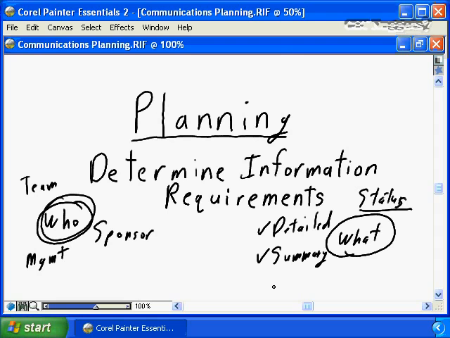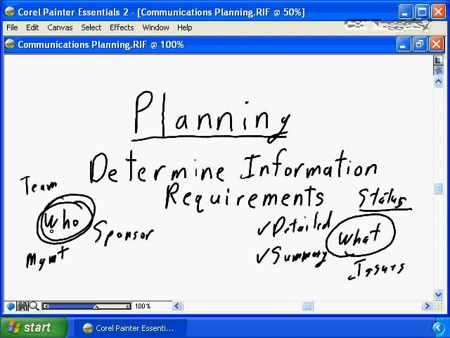Where is the project having challenges? Where is the project encountering delivery difficulty? What information can you distribute to your project stakeholders to help them better help you ensure the project is going to be successful? Once you've identified the who and the what, the next step is to understand how.